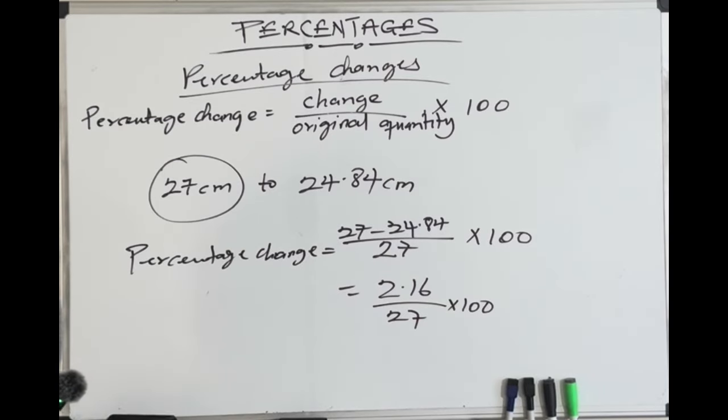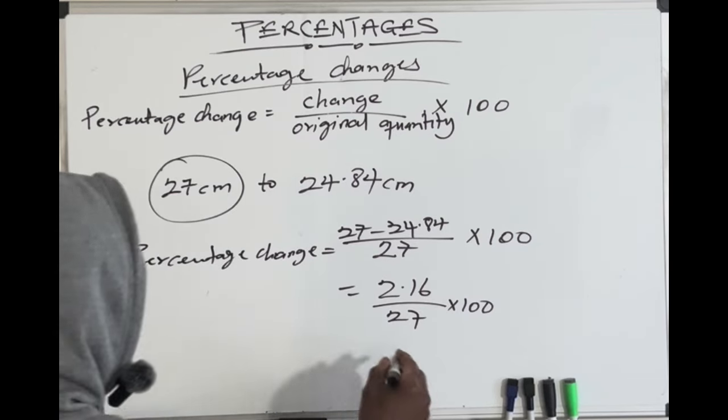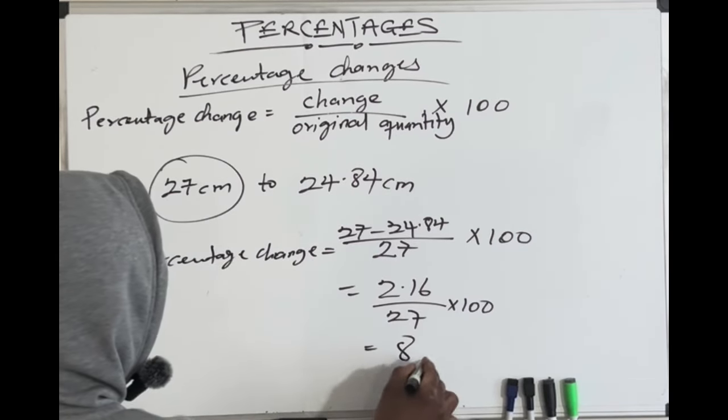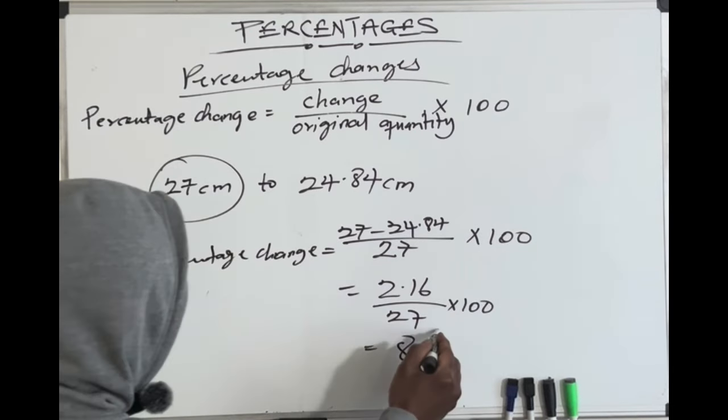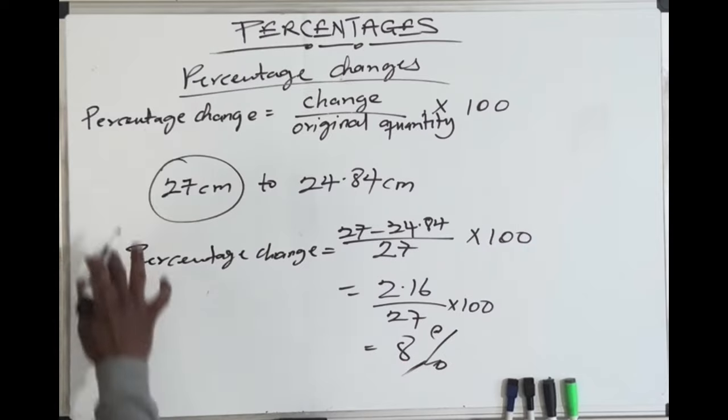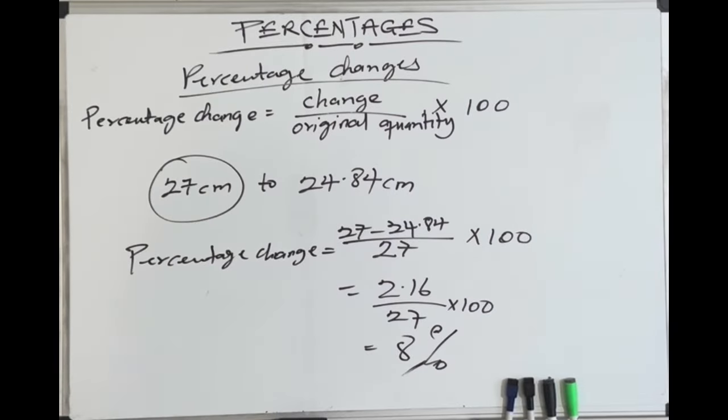So 2.16 divided by 27 times 100. Our final answer will be 8. So that means what was cut off was 8%. I forgot the percentage sign. Always remember the percentage sign because we are dealing in percentages.